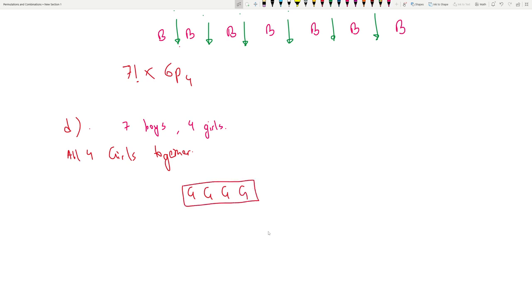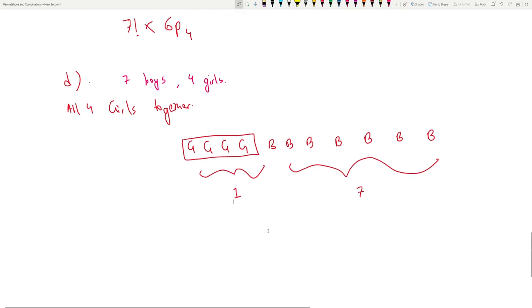4 girls will be considered as a single unit, and there will be 1, 2, 3, 4, 5, 6, 7 boys. So how many units do we have? We have 7 individual units over here and 1 unit over here. The girls are considered as 1 unit because they will move either here or here, like as a unit, they'll be jumping in between the boys, okay?